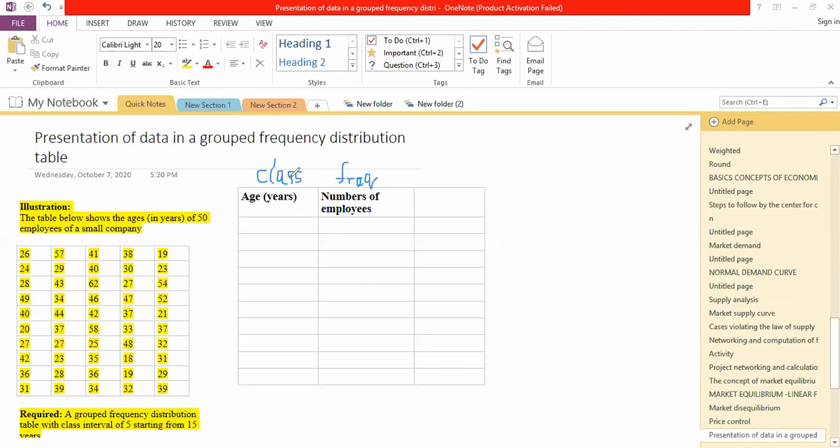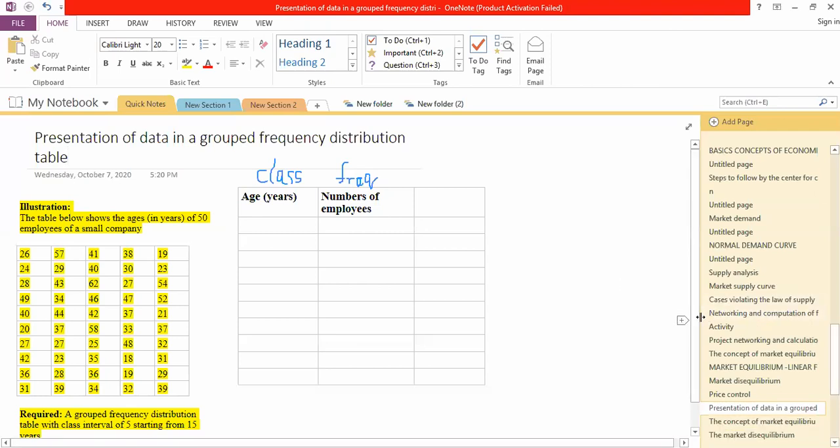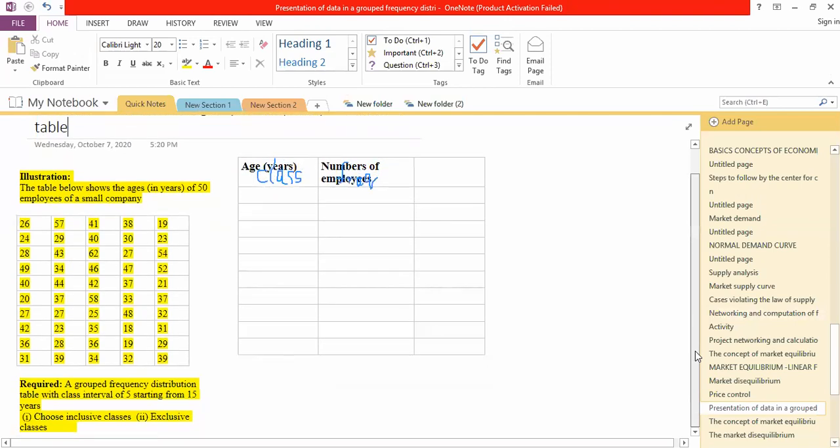Of course, we have talked about two types of classes, the exclusive, and we also have the inclusive classes. In this particular question, I have asked, can we form a frequency distribution table with the first class starting from the age of 5 to the age of 15?